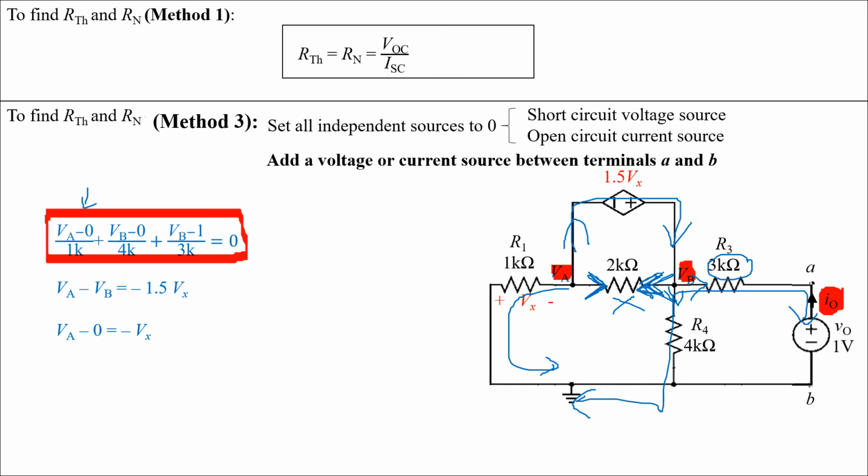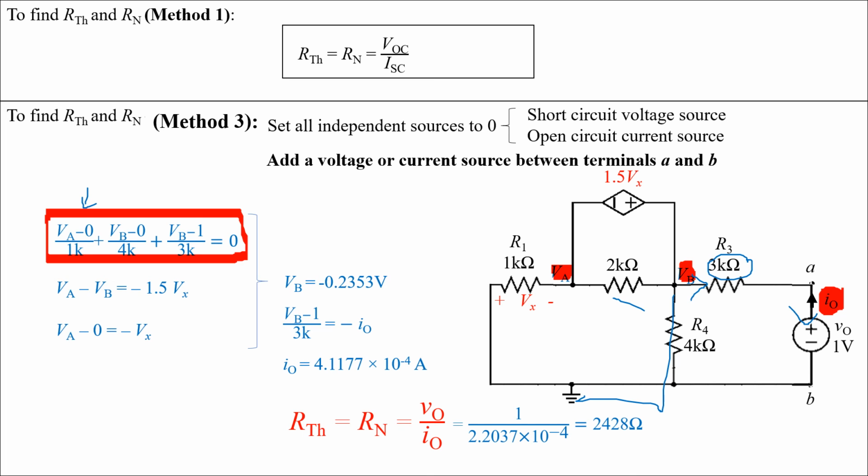The next equation we can get is VA minus VB equal to negative 1.5 Vx. And another equation we can get is VA minus 0 equal to negative Vx. After getting these three equations, we will be able to get the three unknowns. So our VB is equal to negative 0.2353 volts.